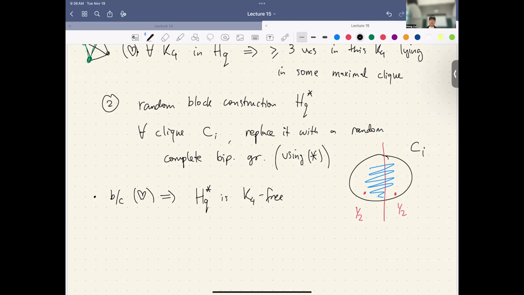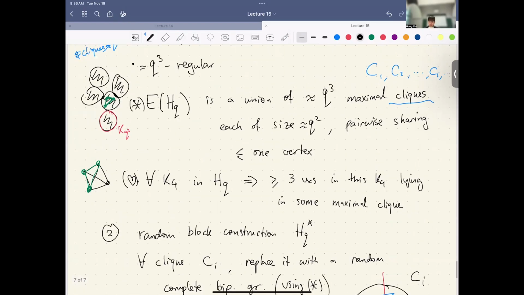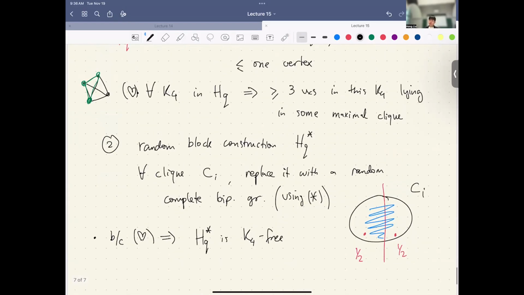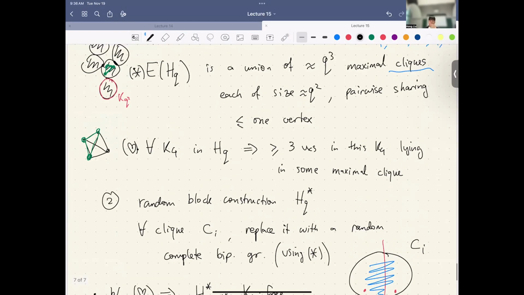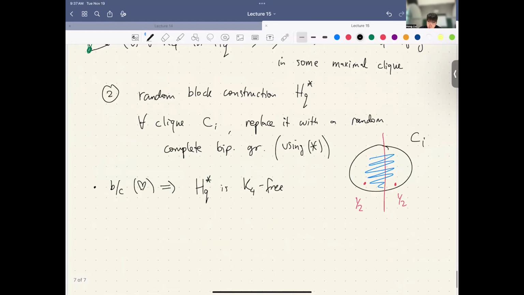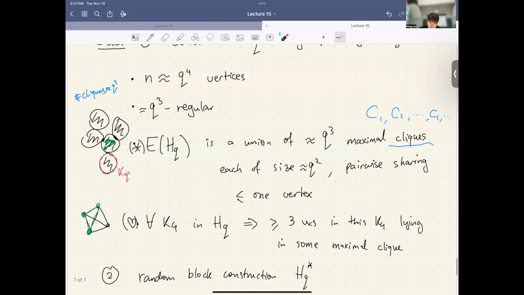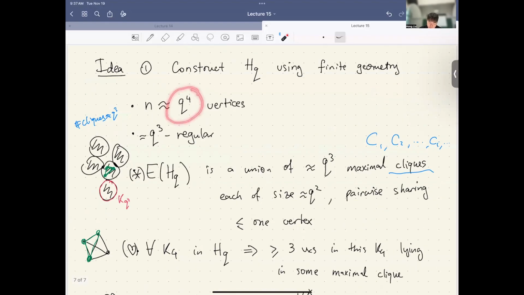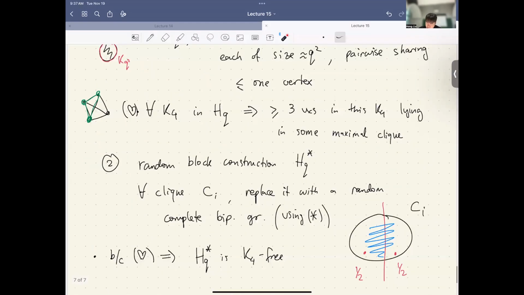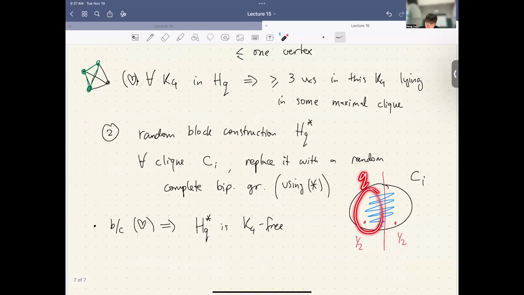I want to mention how large an independent set this graph can have. This independent set probably could be quite large. So the number of vertices of HQ star is still Q to the 4, right? But now the independent set is of size Q squared, right?